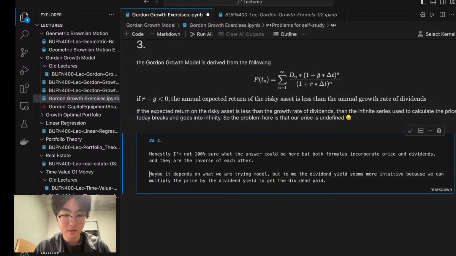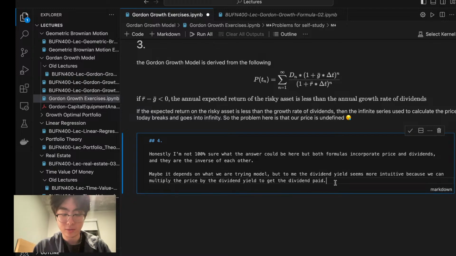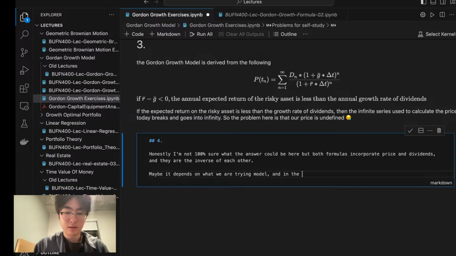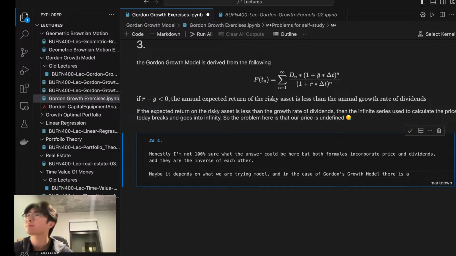I would think maybe it depends on what we're trying to model, and in the case of Gordon's growth model, just divide by k and multiply. Price to dividend ratio 1/k.